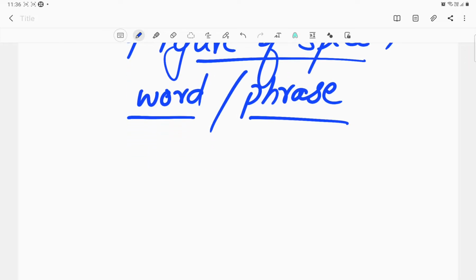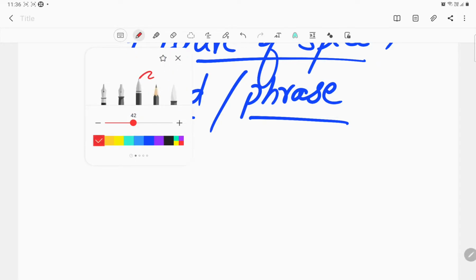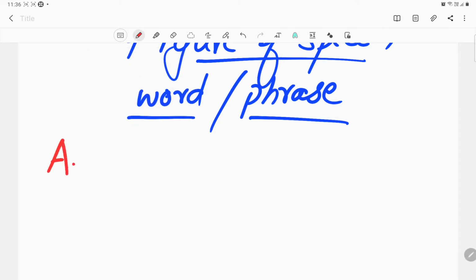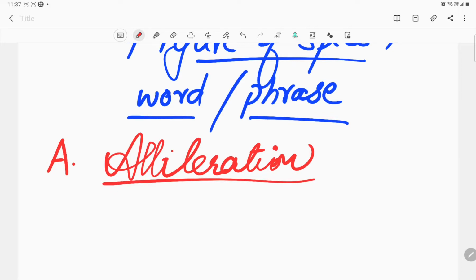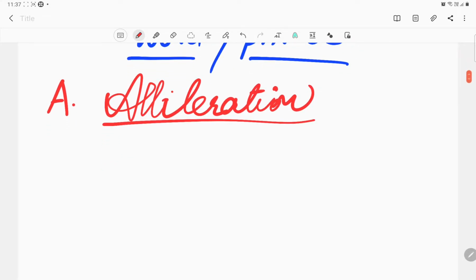Okay. Now, the first figure of speech which I have given you is alliteration. So, what is alliteration? Alliterations are used as a figure of speech, especially in poems, to add rhythm to it.